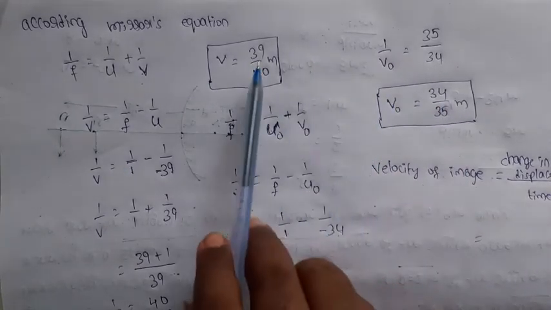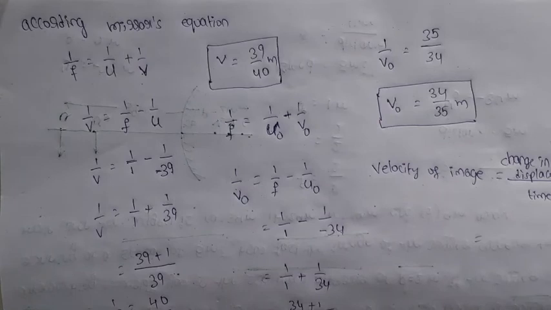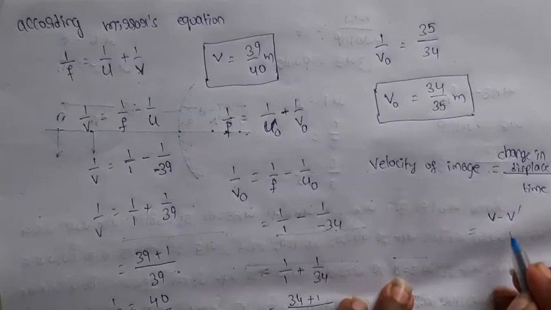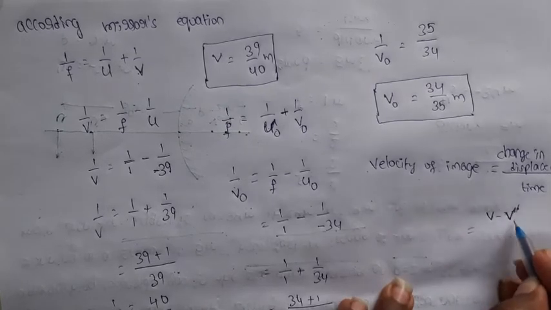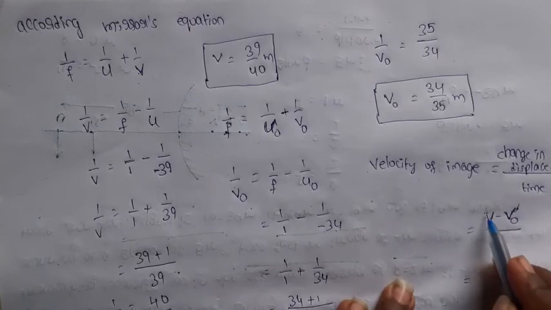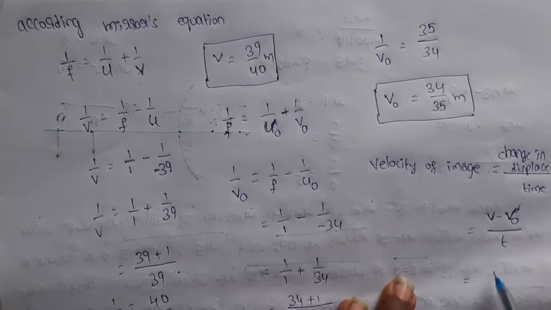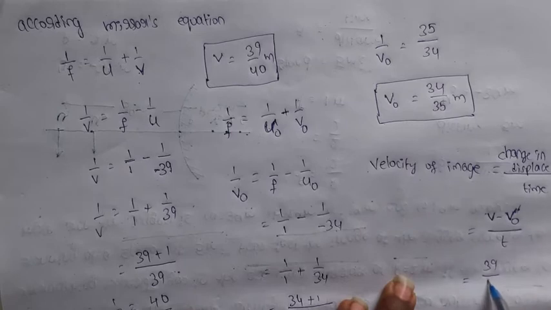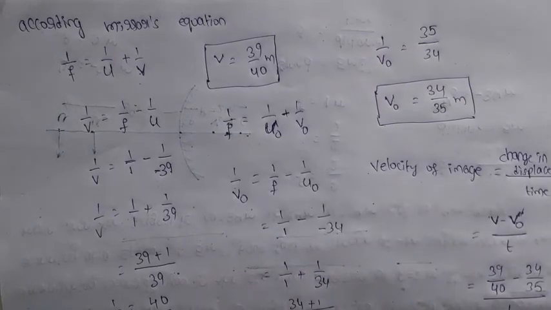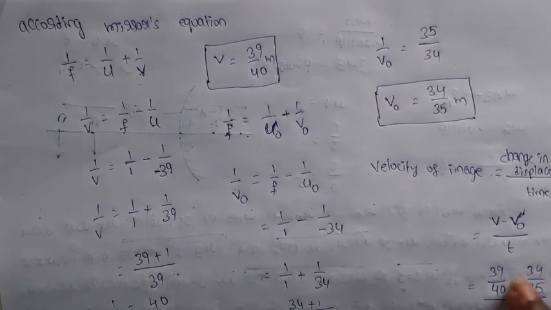This is the change in displacement of image. v minus v naught by t. So v value 39 by 40 minus v naught value 34 by 35, time at 1 second. Calculate this value.